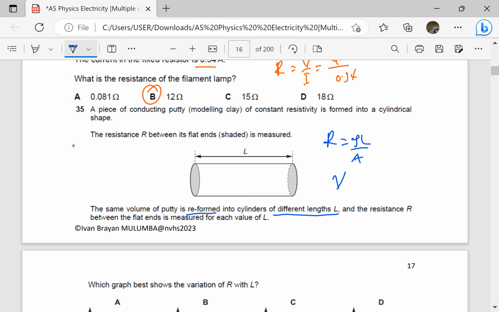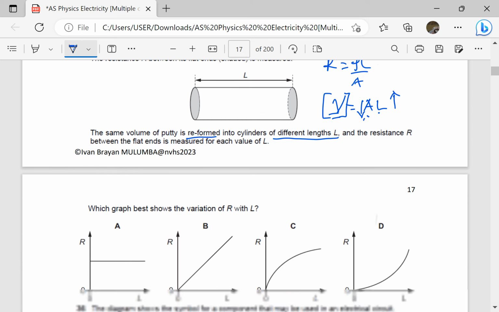Volume is equal to cross-sectional area times length, and the volume is the same. So when L increases, the cross-sectional area must decrease for the same volume.